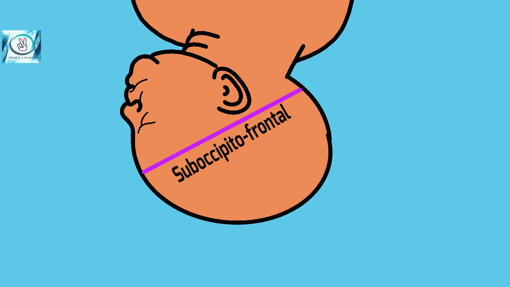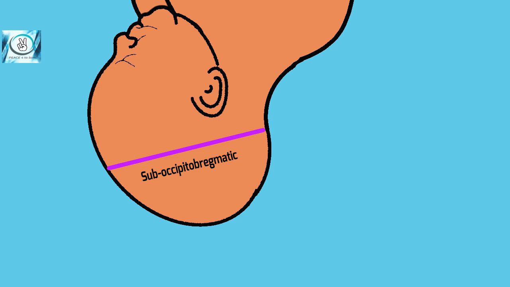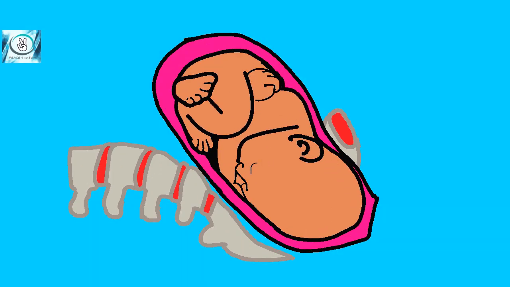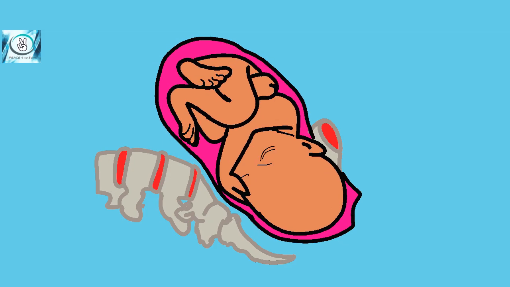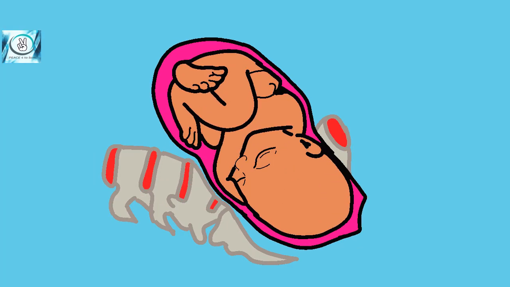At onset of labor, suboccipitofrontal, which is 10 centimeters, presents, but with greater flexion, suboccipitobregmatic, which is 9.5 centimeters, presents, and the occiput becomes the leading part. So this cardinal movement allows the smallest diameters of the fetal head to pass through the pelvis.